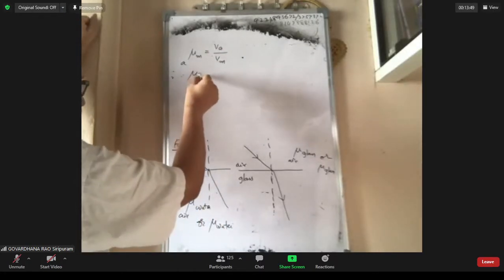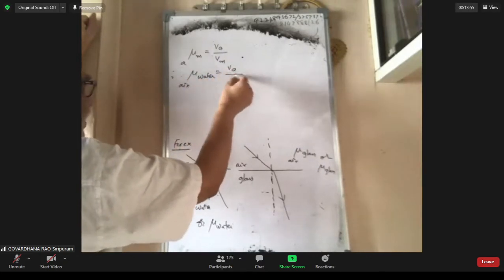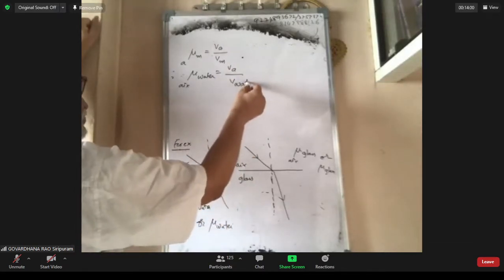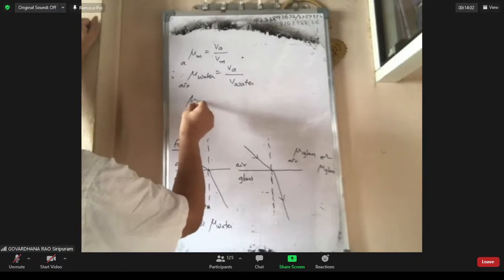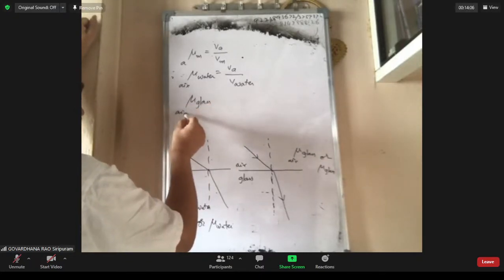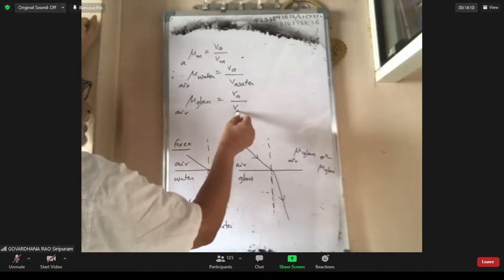Suppose refractive index of water with respect to air is velocity of light in air by velocity of light in water. Refractive index of glass with respect to air is V_a by V glass.